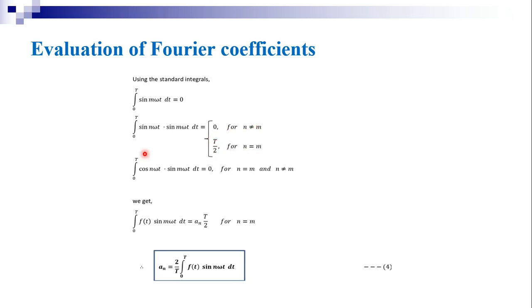Another standard integral is the integration between the limits 0 to T of cos n omega t into sin m omega t dt, which is equal to 0 for n is equal to m as well as n not equal to m. Using these standard integrals, we finally arrive at the expression for the Fourier coefficient an is equal to 2 by T into the integration of f of t sin n omega t with respect to t between the limits 0 to T.